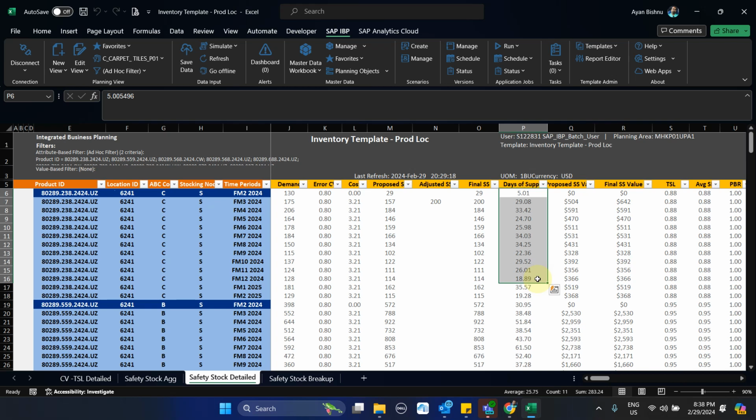But whatever the results are, they are not just blindly copied to supply, because inventory optimization is all about simulations.